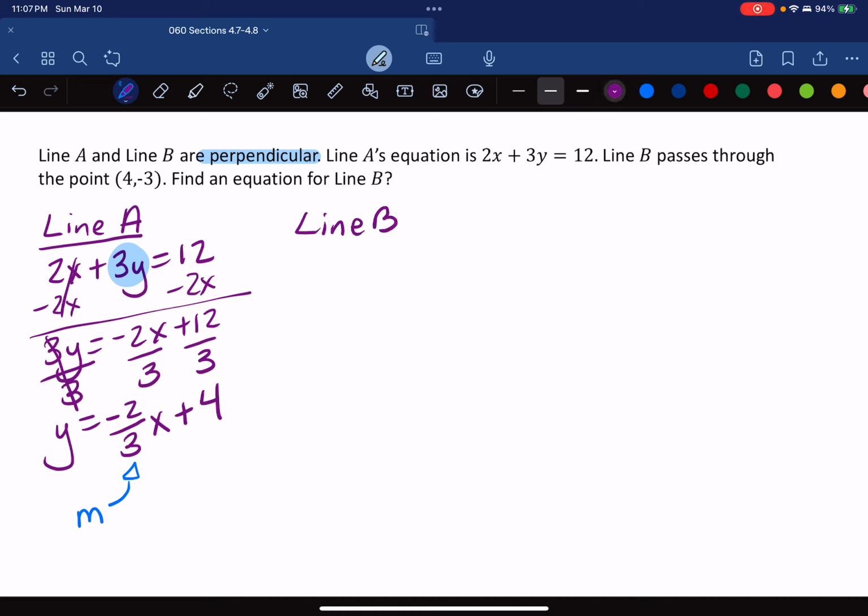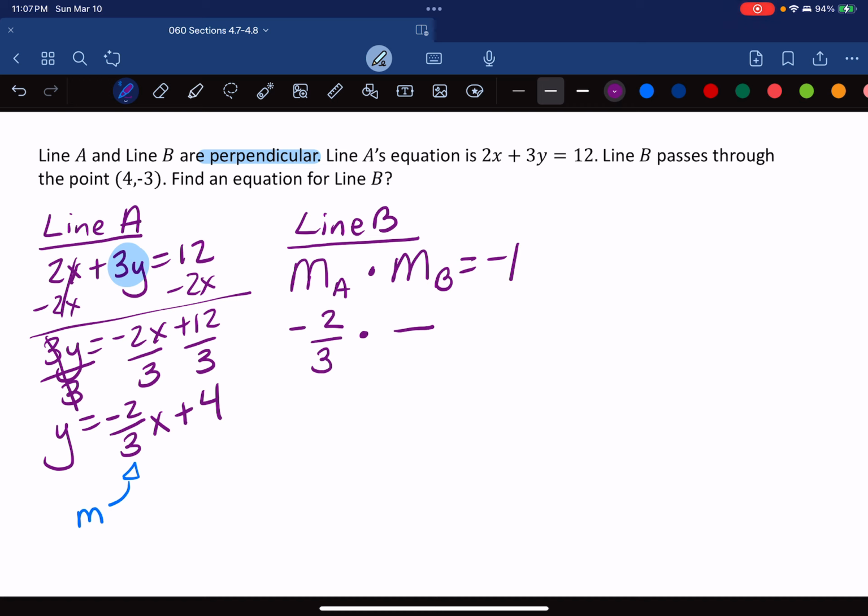Now line B is going to be an opposite reciprocal because they are perpendicular. So my slope for line A times my slope for line B should give me negative 1. If line A is already negative, then line B is going to be positive.